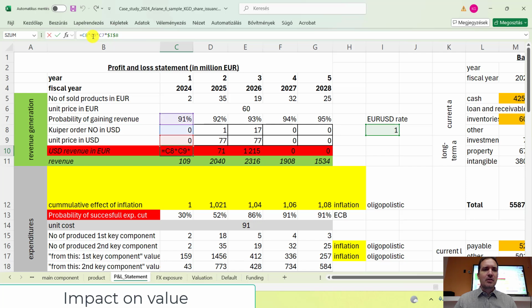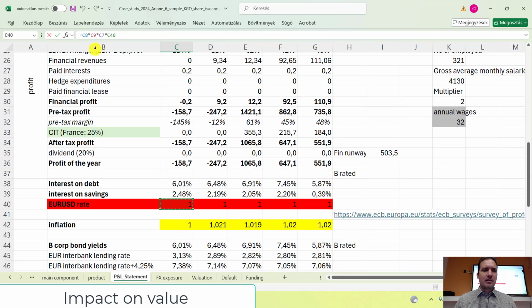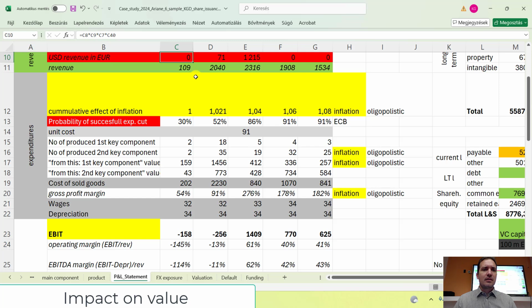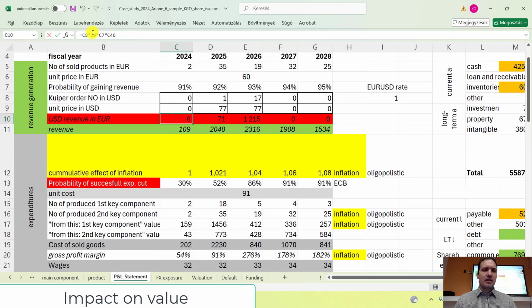Now we see that this green should go down. Instead of using I8, we will use C40.